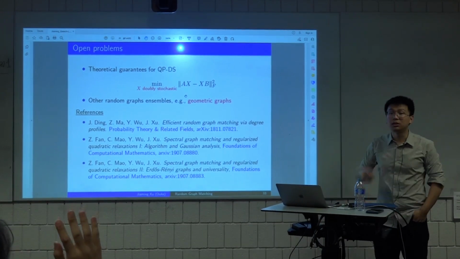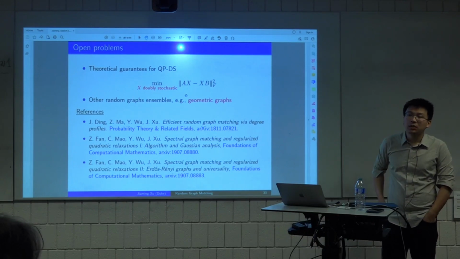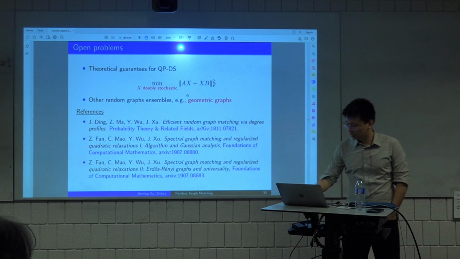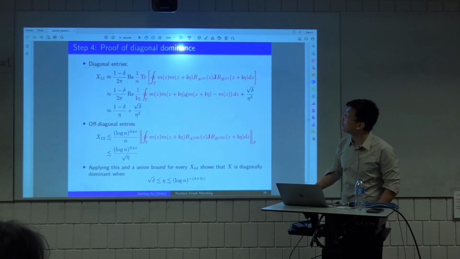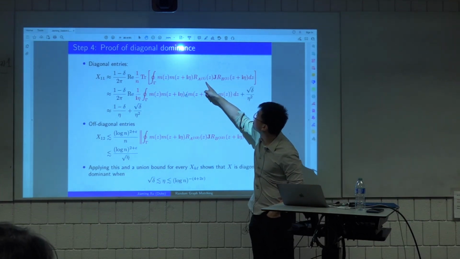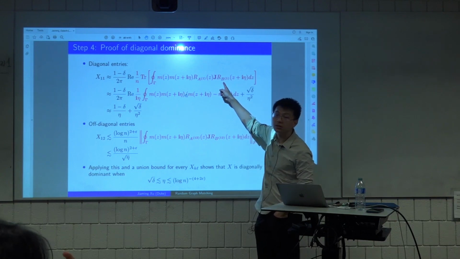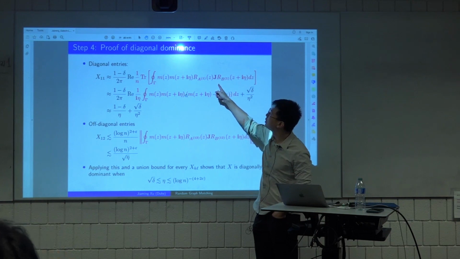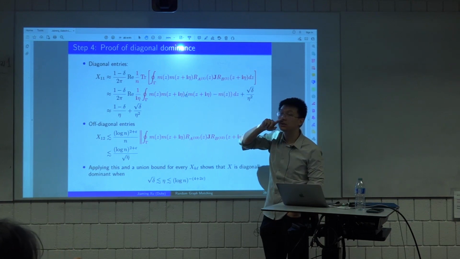Yes. Did you apply some estimation inside the quadratic? Yes, I did apply it. For example, this is the plot that I skipped, but you do apply the local law to compute the trace of this, and integrate along the contour to get the upper bound.